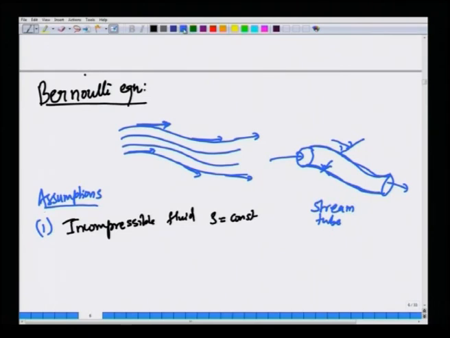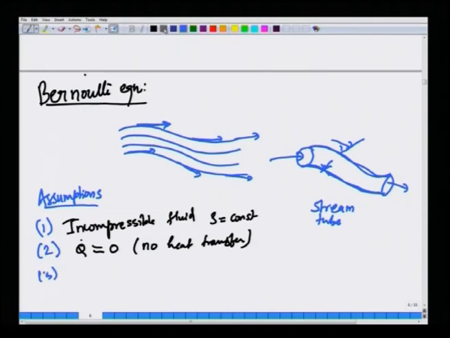Okay. Second, we will assume that there is no heat transfer from the outside to inside or vice versa, and there is no shaft work within the stream tube.